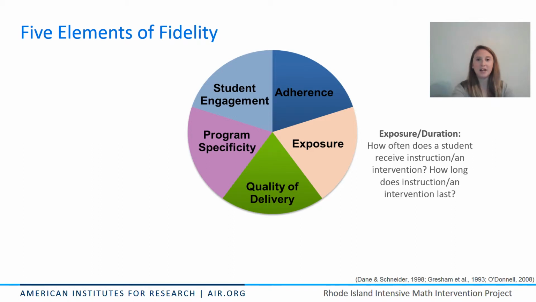In the case of secondary interventions, developers and researchers typically specify the required exposure or duration that is needed for the intervention to be effective for most students. If the intervention developer calls for the intervention 3 days a week for 45 minutes each day, monitoring fidelity would be asking the question, is the student receiving this dosage?